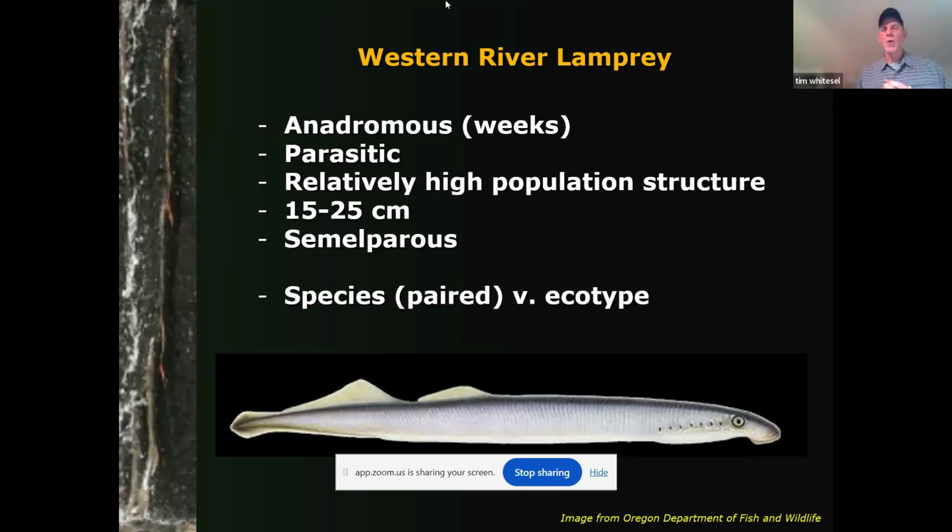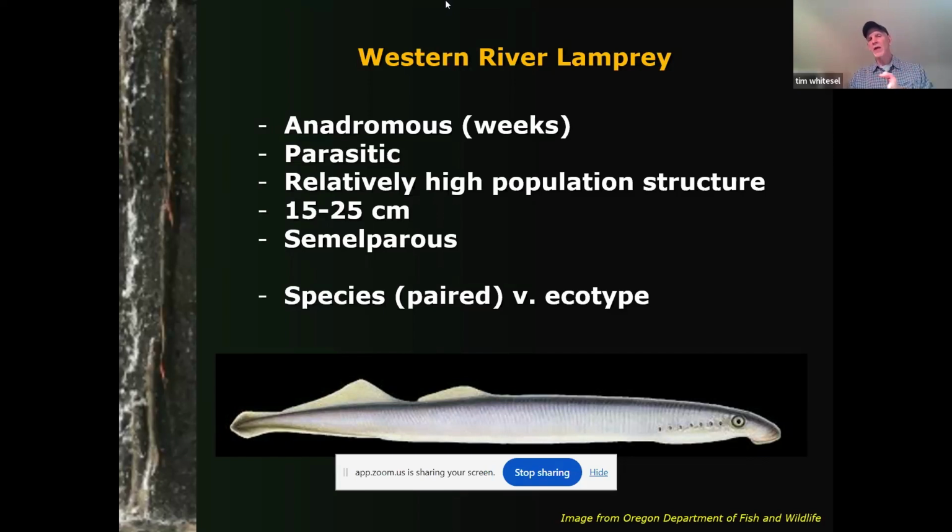Let's see. So quick note, you saw on that dendrogram that there are many, many species of lamprey. So Western river lamprey, or Lampetra ayresii, has been designated as a species, and it's thought of as a paired species with Western brook lamprey. So one's resident, one is anadromous. However, recent information suggests that we really can't tell them apart genetically.